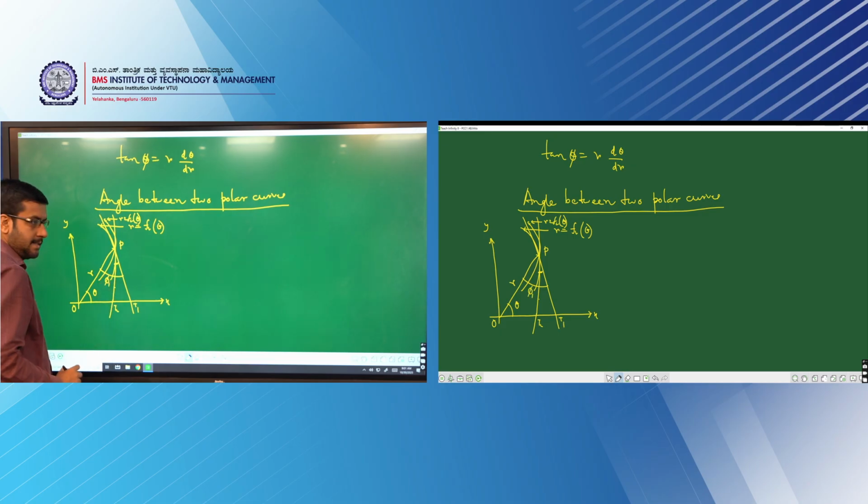Then we find the angle between the radius vector and the tangent PT2, suppose this is phi 2.